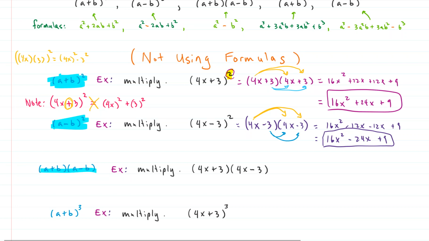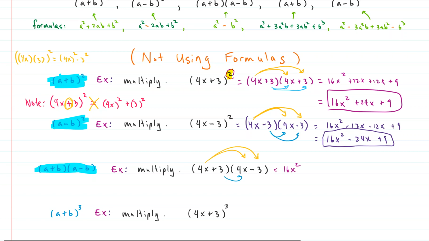The third form has the same a and b, but the signs change in between the a and the b. So we have a plus b times a minus b. This is a special form because you'll see the two middle terms drop out. So let's see what we have here. We get 4x and 4x give us 16x squared. And so again, we're just doing the normal multiplication.